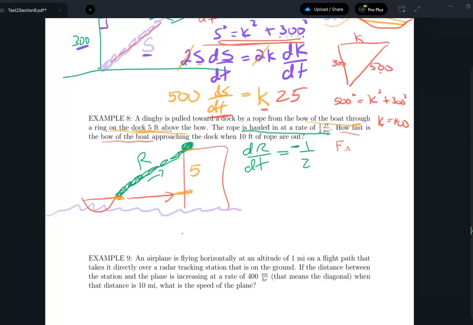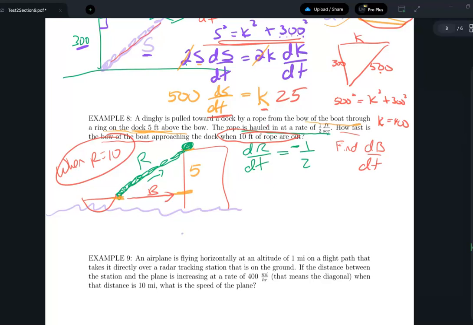So we're asked to find dB over dt. And then what's the when information? When 10 feet of rope. So again, when R equals 10, don't put that in the picture and don't use it yet. Oops, I forgot to put the B right here. Find dB over dt. Let's do it.